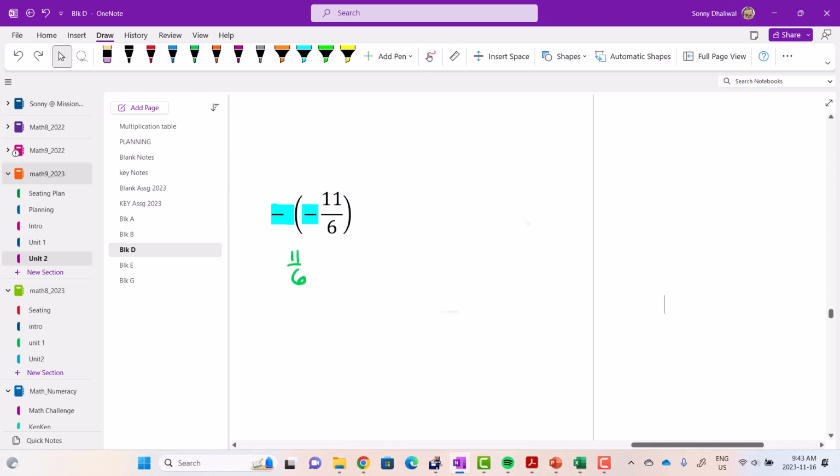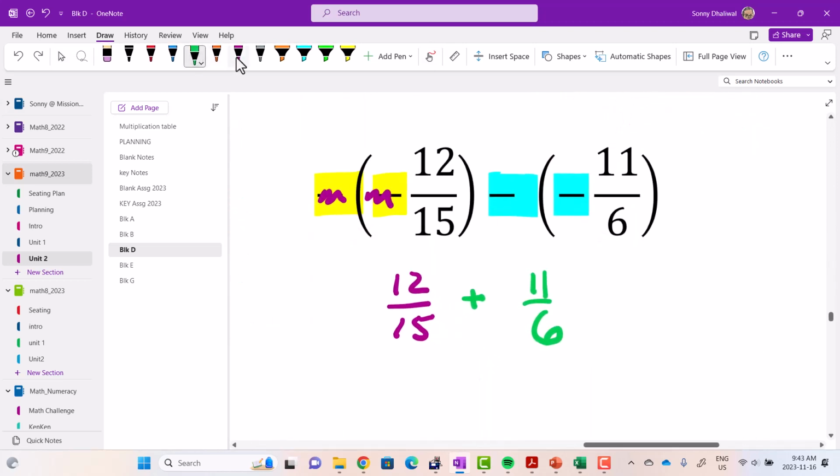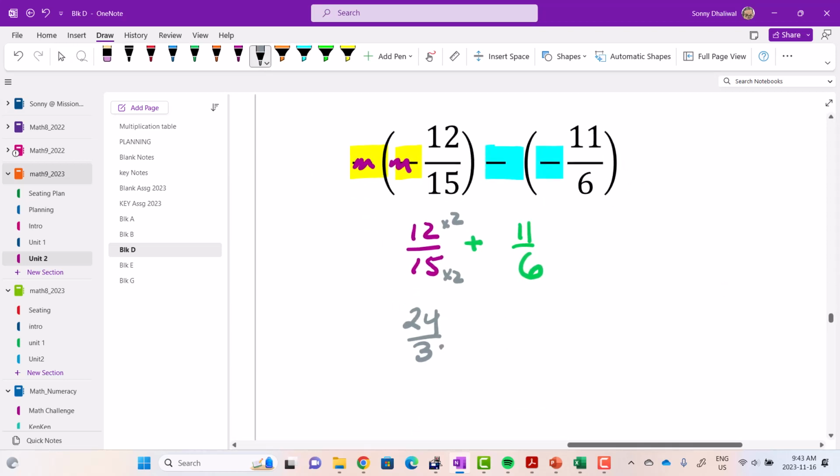All right, so we want to make it 30. So first fraction, what do we have to multiply by? Times 2. Top and bottom. So that's 24 over 30.